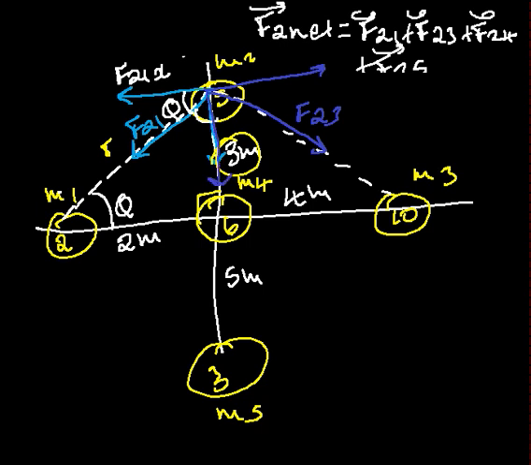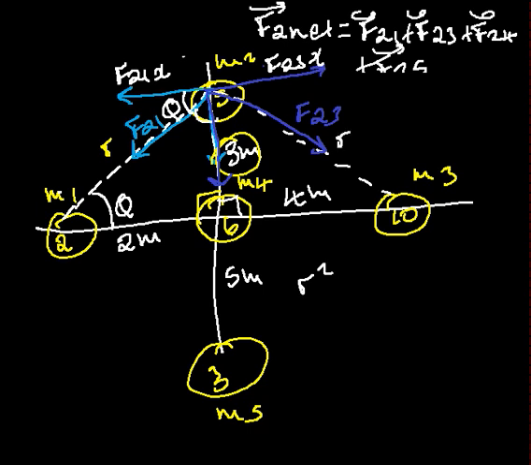This is the force, and these are its components: F23x, and the y component, which is pointing downwards. Now we need the separation distance. Using the same principle, the Pythagoras theorem, since this is a right angle triangle, the separation distance is r.